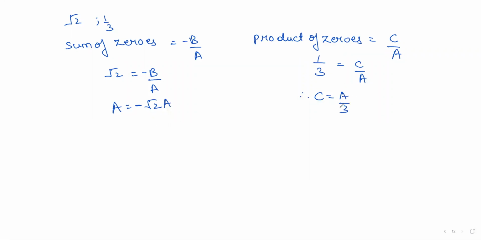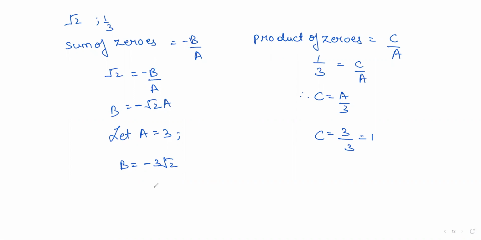Now you have a fraction over here, so let us assume that a is equals to 3. A is equals to 3 will give you b is equals to minus 3 root 2. C is equals to 3 upon 3, which is equals to 1.